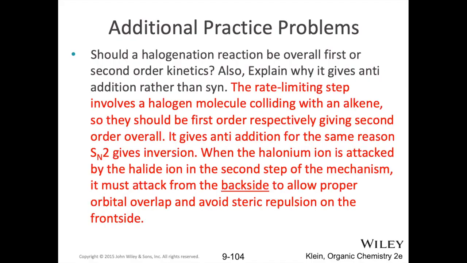Well, that's going to be second order, right? Because you've got your bromine and your alkene involved in that slow step. Okay, so it's first order with each of those, obviously, but second order overall. Now remember, this is also an anti-addition because that bromonium ion has one side of that alkene blocked off by that bromine. Okay, so your bromide that's coming in can only attack the opposite side.